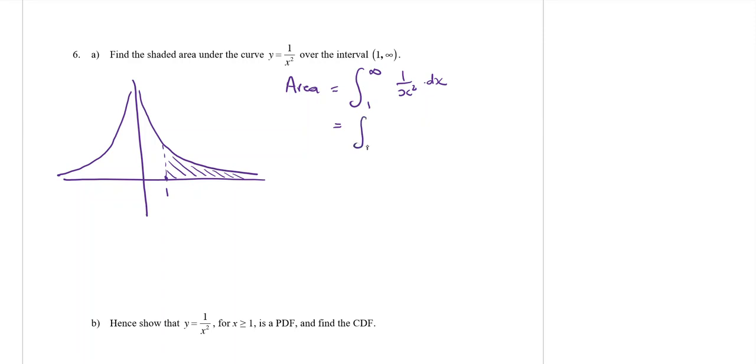Integrating, I can't do it while it's a fraction, so let's bring that up to be x to the minus 2 dx. Now I can integrate it by adding 1 to the power and dividing by the power. Let's tidy it up a little bit.